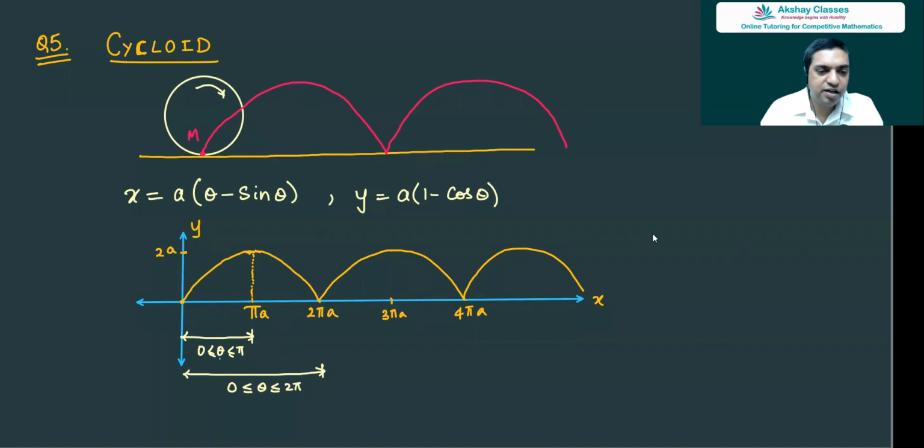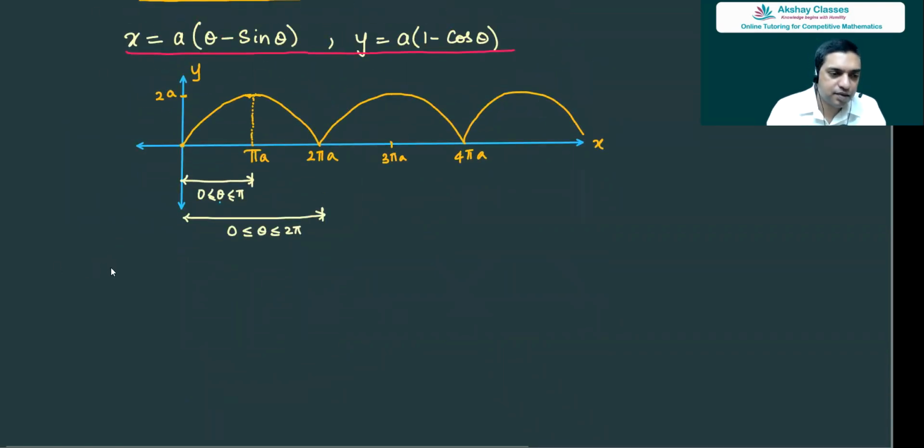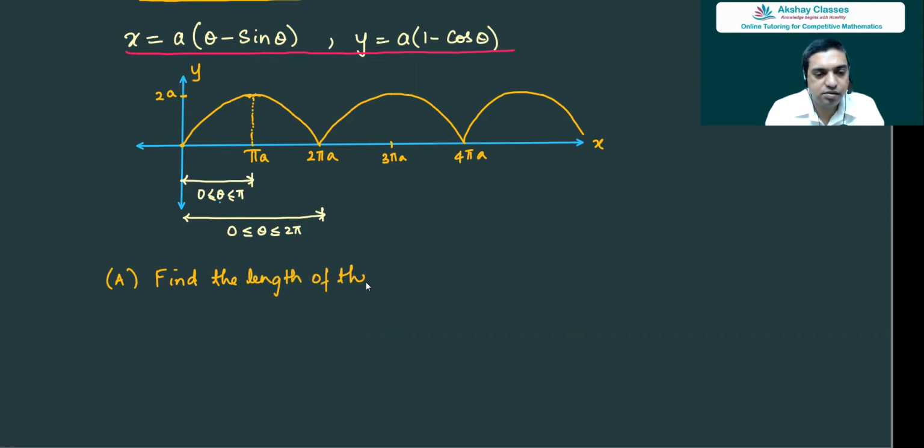Now the question that we need to find for this cycloid: the curve will not be given, just x is equal to a into theta minus sine theta, comma y is equal to a into 1 minus cos theta. Just this much will be given. And the question is, first part, find the length of the arc of the cycloid.